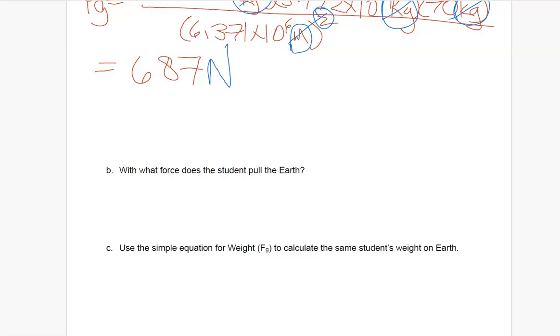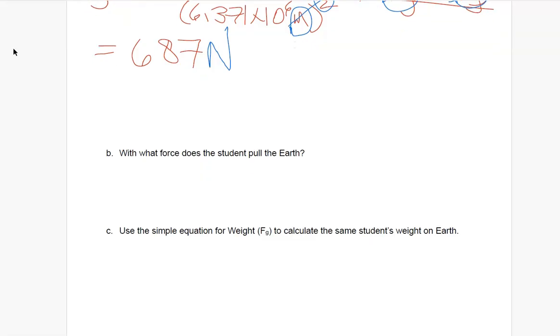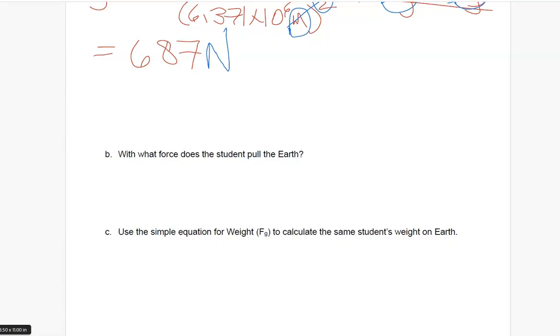So moving to part B, question is, with what force does the student pull the Earth? All right, well, we've just learned the gravitational force between the Earth and the student is 687 newtons. Well, Newton's third law of motion is very clear on this. If one object acts on another object with a certain force, the second object will act on the first object with exactly the same force, just in the opposite direction.